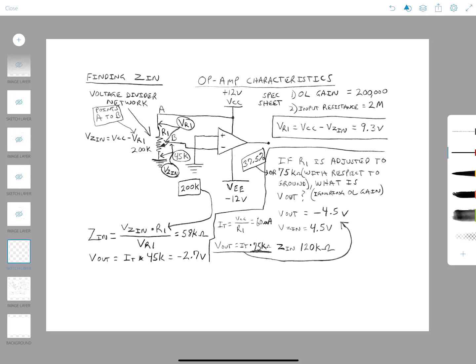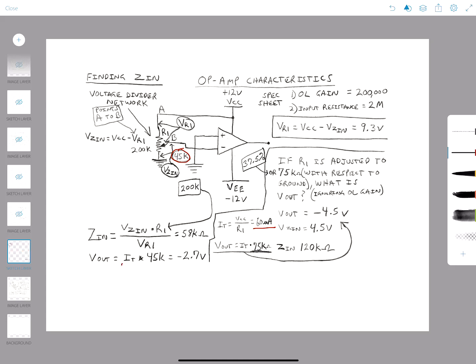Now we're looking for the voltage drop for VZn. In this case, we have our current, which is 60 microamps, and we have our 45K of resistance right here on our pot.